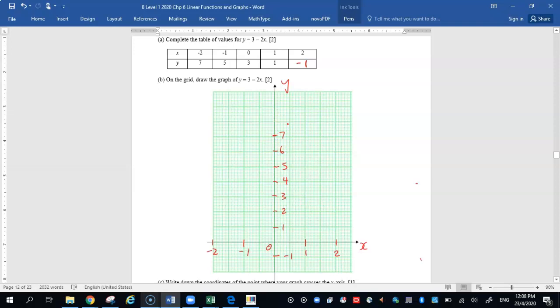Now we want to simply plot the points from the table of values given here, and what we get is this.